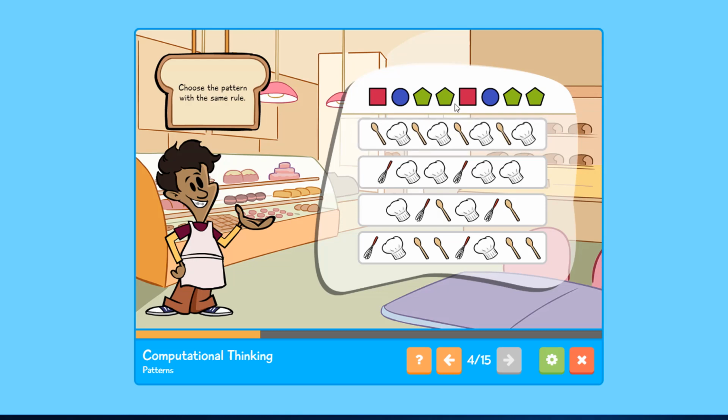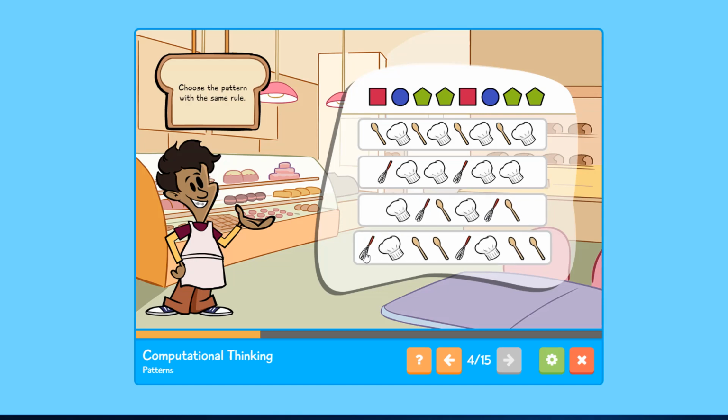Does that match this pattern? No, I don't think so either. This is A, B, B, A, B, B. Does that match this pattern? Nope, I don't think so either. A, B, C, A, B, C. Does that match? Nope, it sure doesn't.